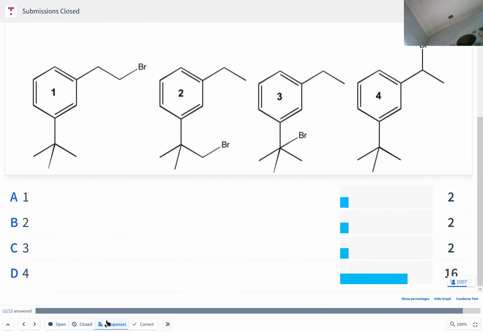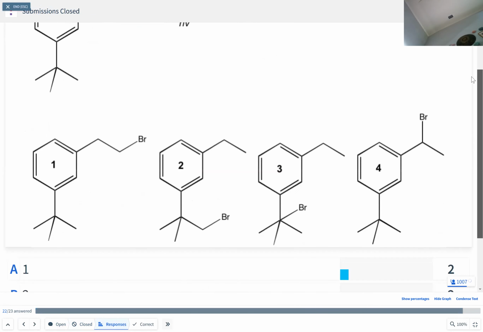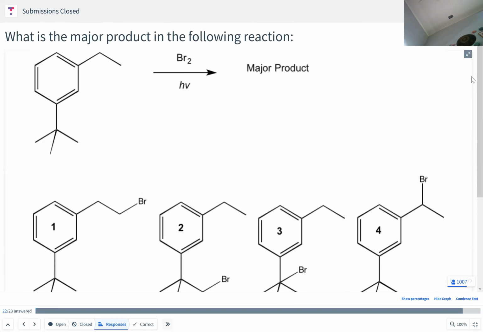Okay, so most of us picked number 4, which is super. So let's take a look up here. Since we have a benzene present, what position should we be looking for? If we're going to do a radical reaction, what do we need to check if we have?